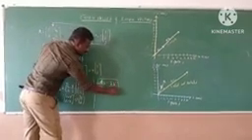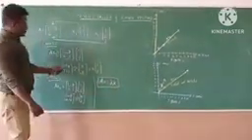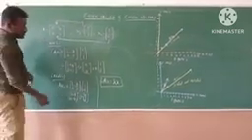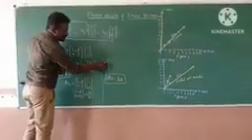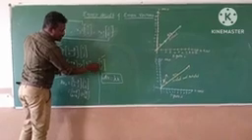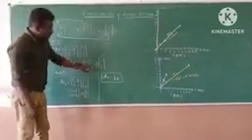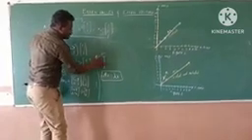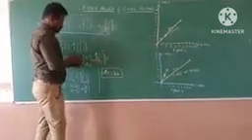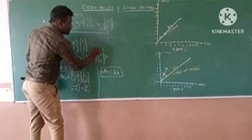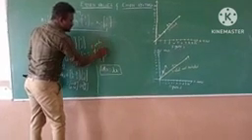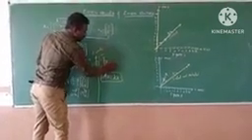This is the formula for the eigenvector. Now in case 1, here we have the eigenvector and this is the scaling factor. This is called the eigenvalue and this is called the eigenvector.